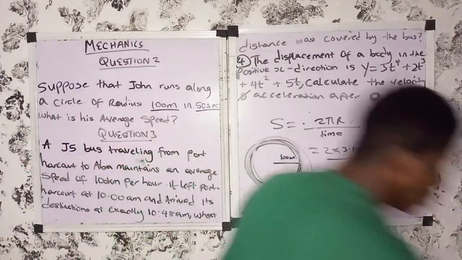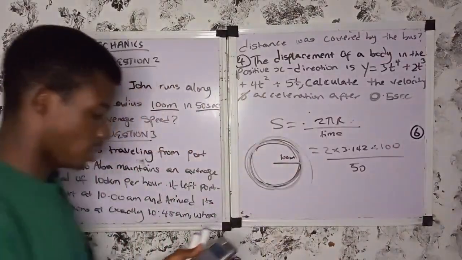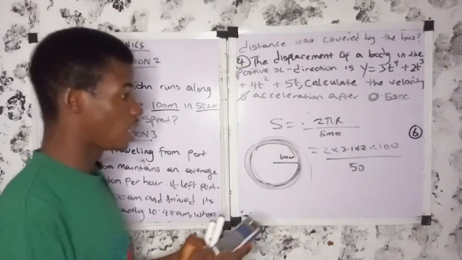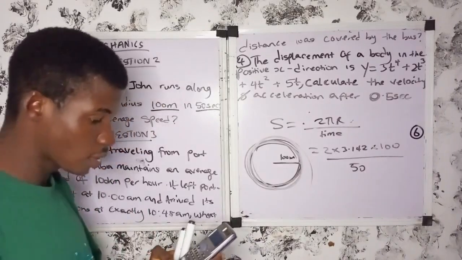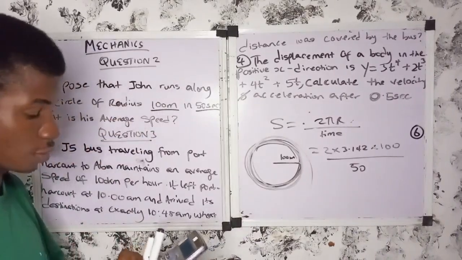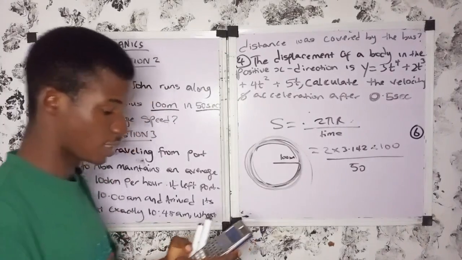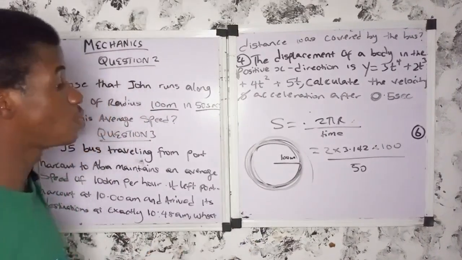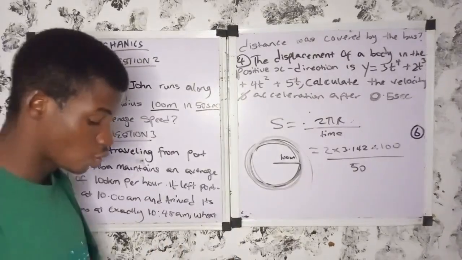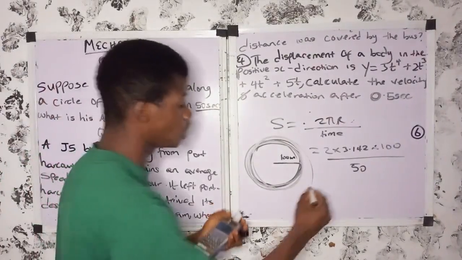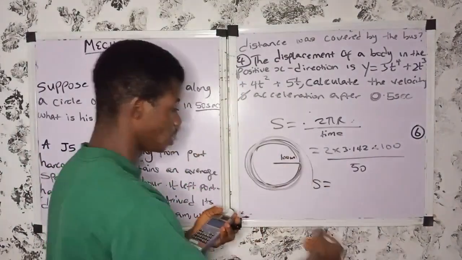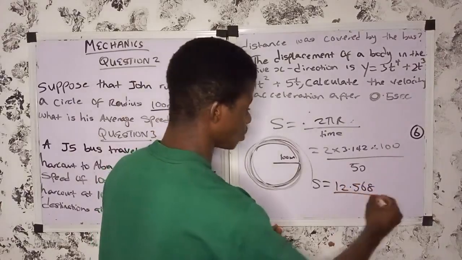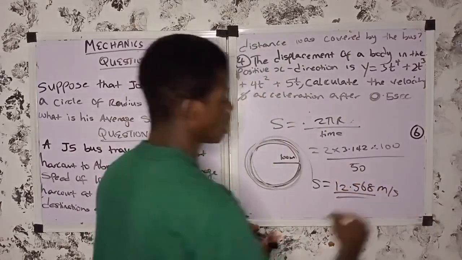So let's calculate it. 2 times 3.142 times 100, then divided by 50. Our total answer is 12.568. So the average speed is 12.568 meters per second.